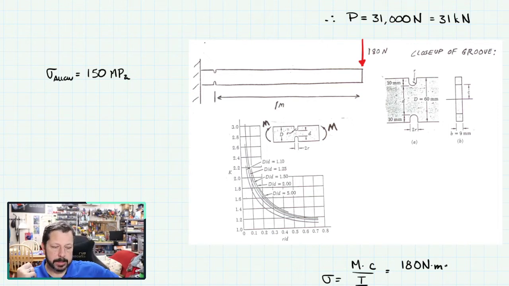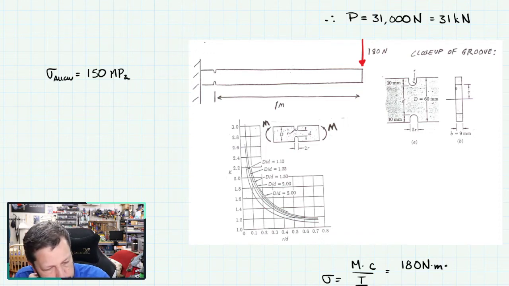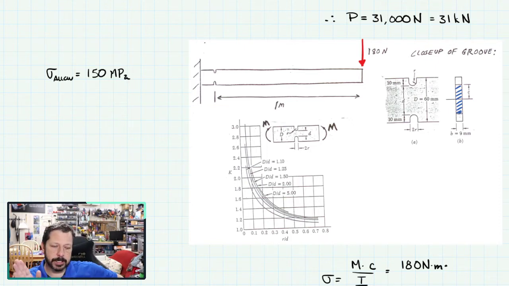C is going to be, if you look, they actually even have C labeled. What they're showing right here, where I'm drawing the blue hatches, is the cross section. It's a rectangular cross section, but we do have to account for the fact that where we're interested, these notches make it narrower.